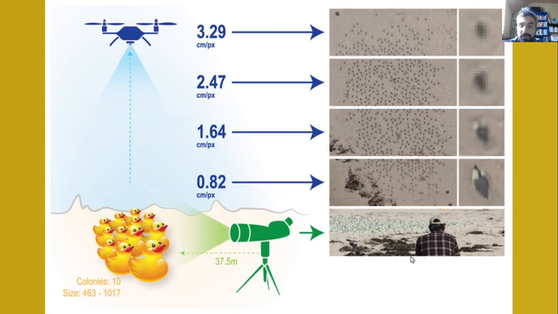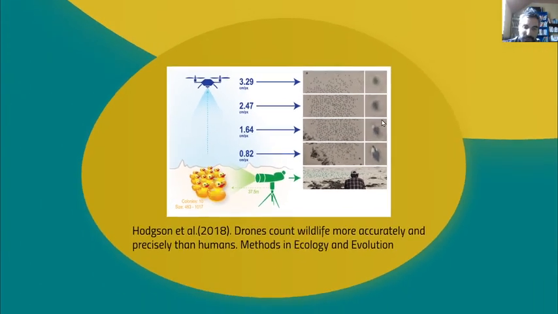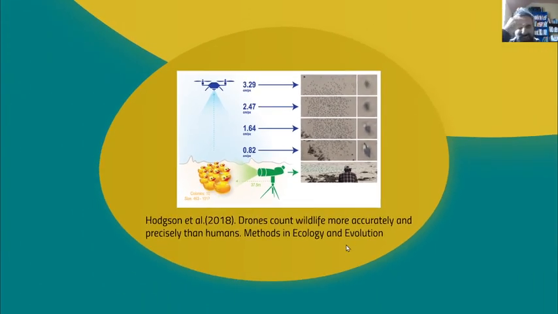So very promising, because depending on the species, it's less disturbing. You can count exhaustively and very precisely. If I remember well, have a look at his paper. If I remember well, he left 646 ducks, and the drone counted 650, and the humans 620. So it was very interesting.